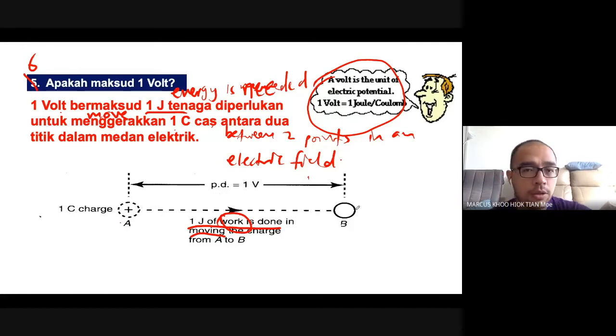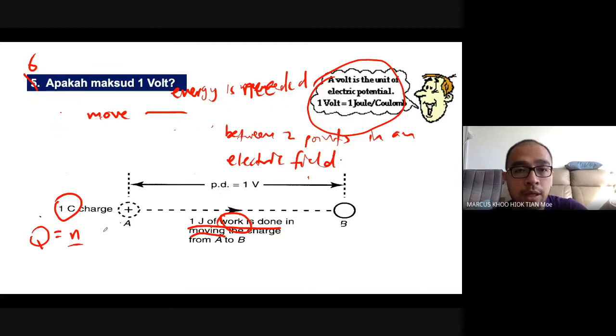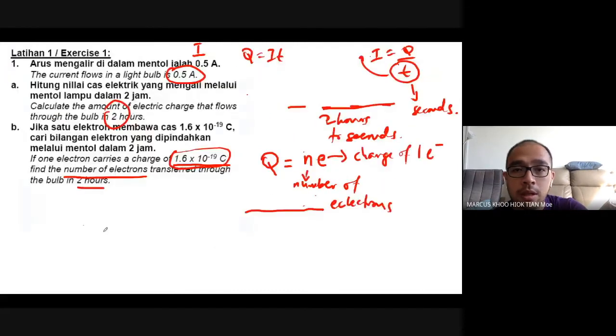Okay, just to give you an idea how many electrons is 1 coulomb of charge. Now, if you remember from our formula just now, Q equals N over E? Hold on, Q equals NE, sorry.